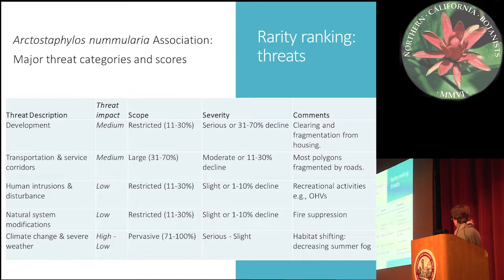And you can see for climate change, the bottom one, we think that the loss of fog is going to affect this plant or this community. And so we've said it's going to be pervasive. It will affect most of the occurrences, but we don't know if it's going to be serious or slight. And so the calculator gives it a high to low.